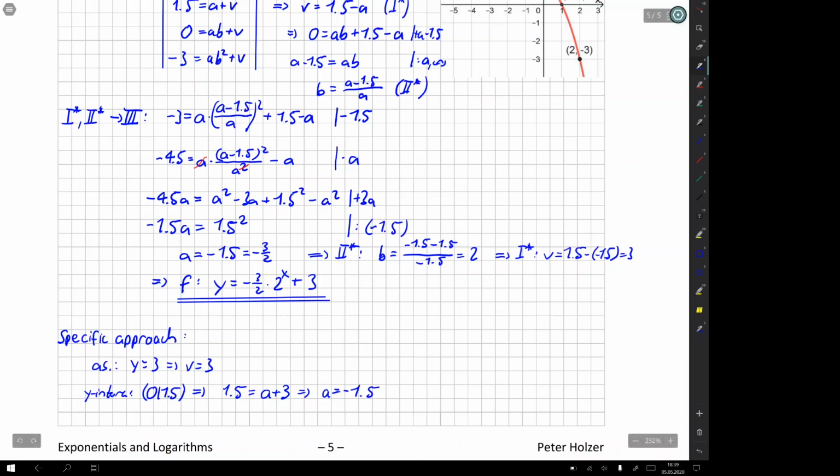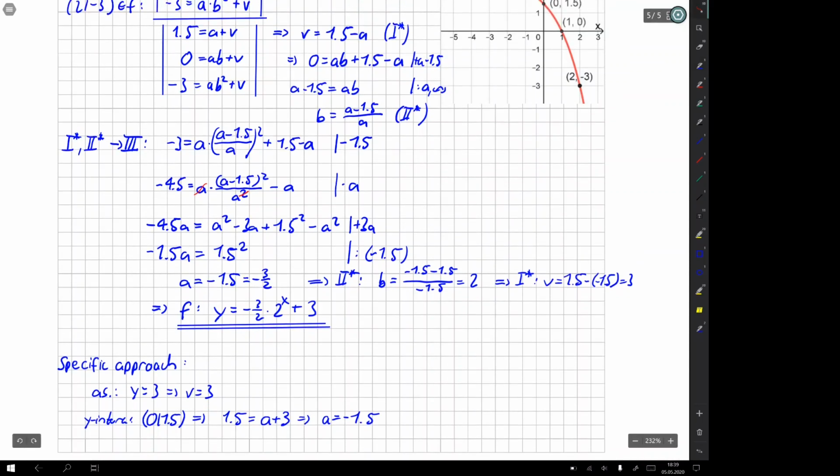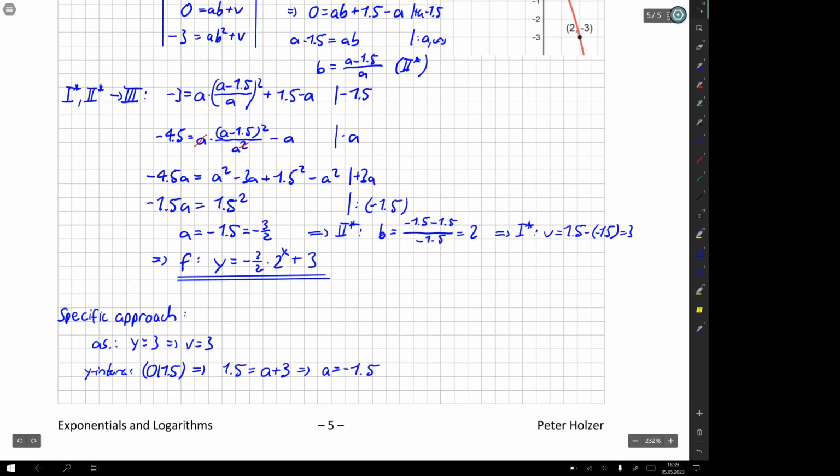And now we can just use one additional point. Let us use the point (1, 0) up here. That's probably the simplest one. So (1, 0) is lying on the graph. So we know 0 equals a, which is minus 1.5, times b to the power of x, x is 1, plus v, that is 3.